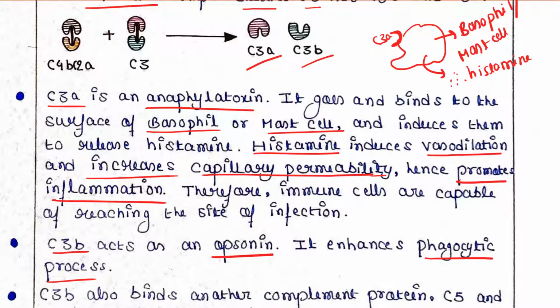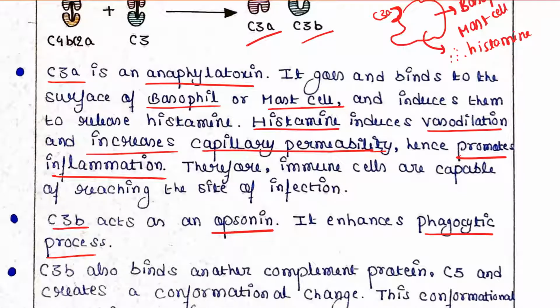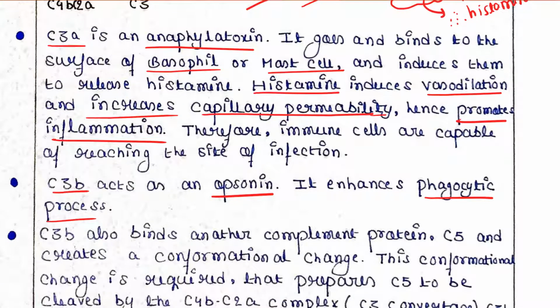And C3b also binds another complement protein, that is C5. So C3b is not only an opsonin, it binds another complement protein, that is C5, and creates a conformational change.